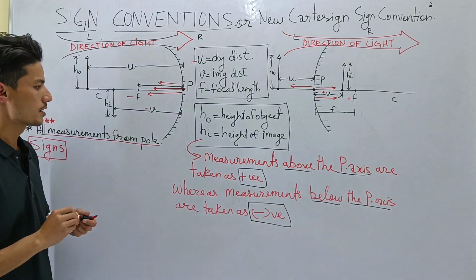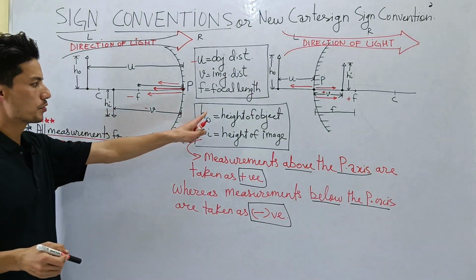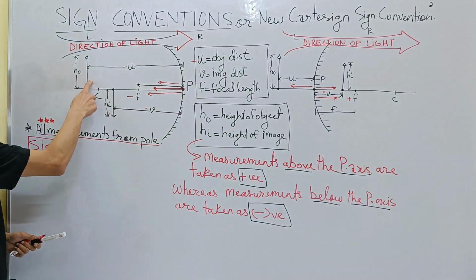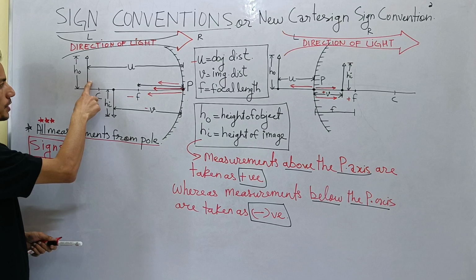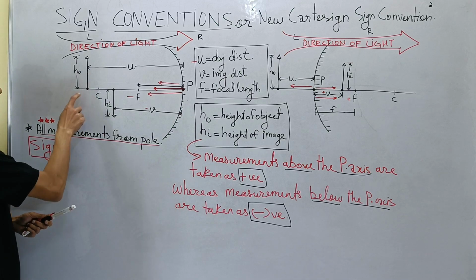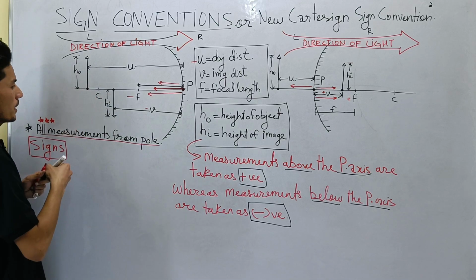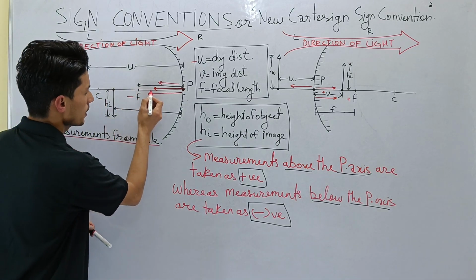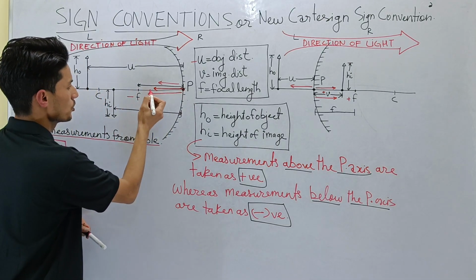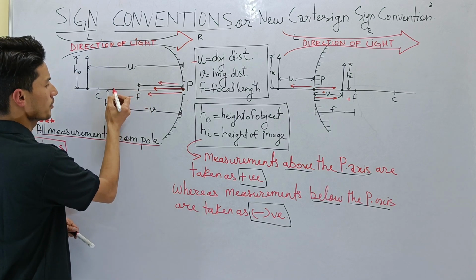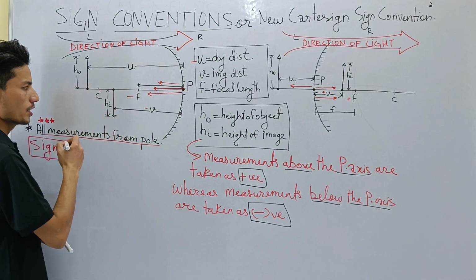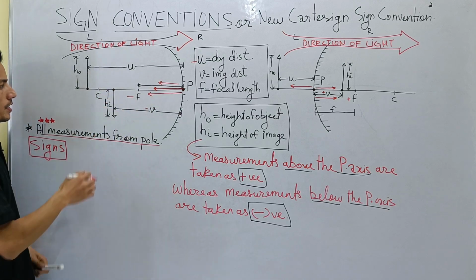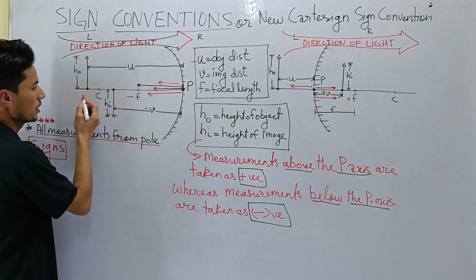All right, let us check. Now we are going to find the sign for the height of the object and the height of the image. This is the height of the object. This line is the principal axis. It is on the principal axis that you will find the focal length and the center of curvature. Now look at the object.